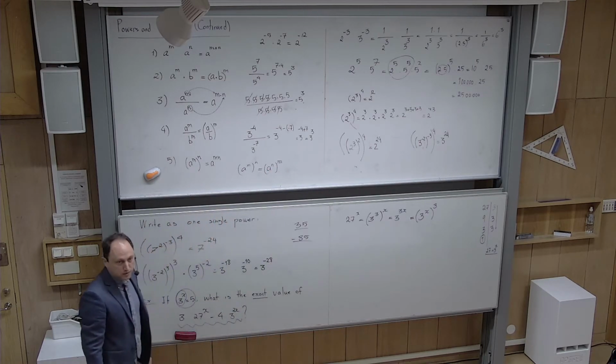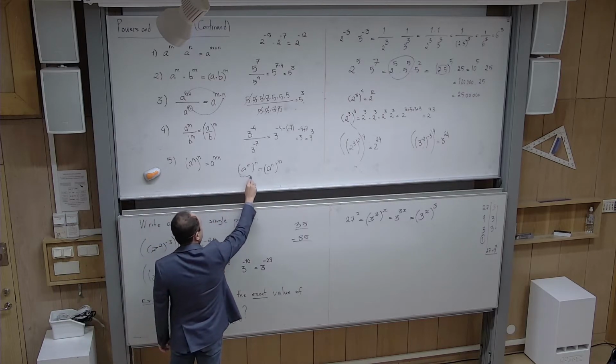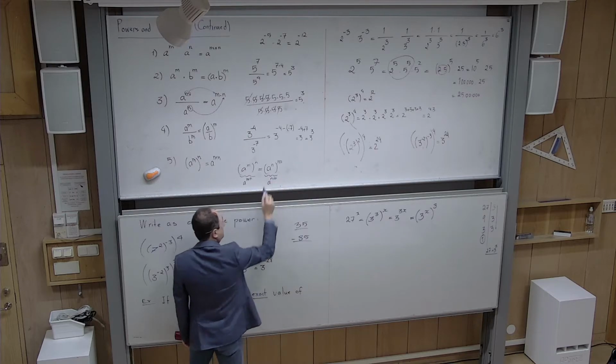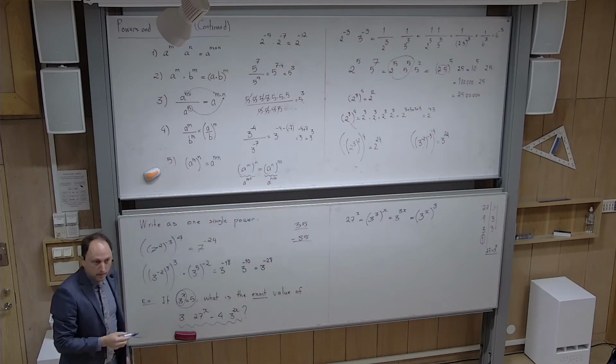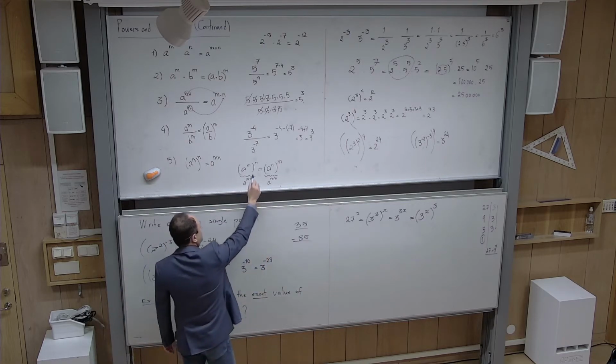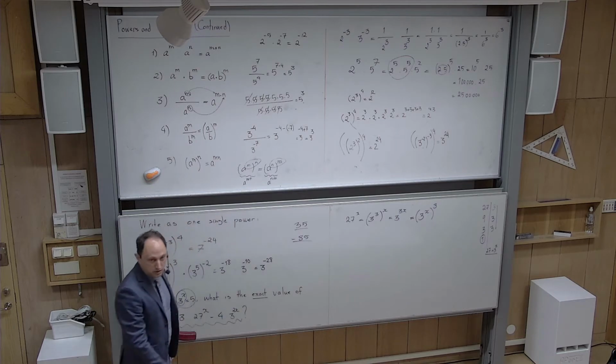There is no difference between them. Because if I ask you what this is, you will tell me this is a to the power m times n. If I ask you what this is, you will tell me this is a to the power n times m. They are the same. So from now on, remember, feel free to interchange the powers. It doesn't change the result.